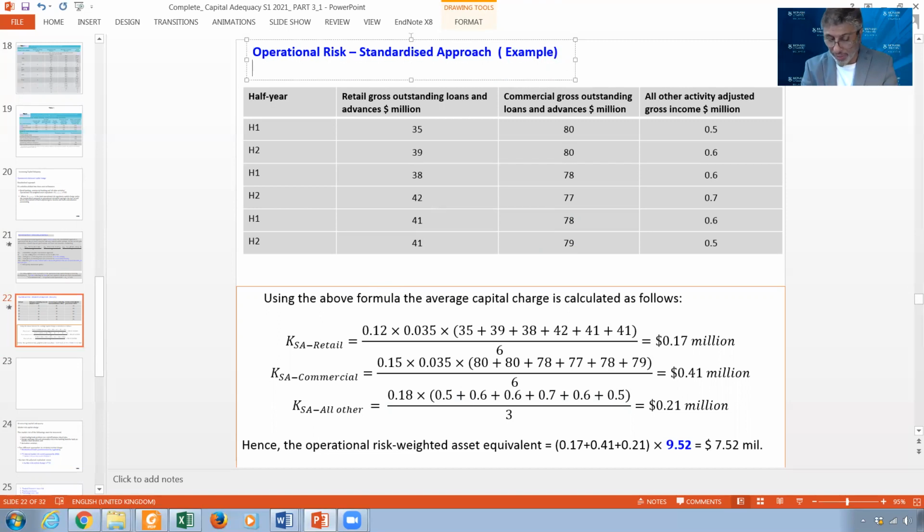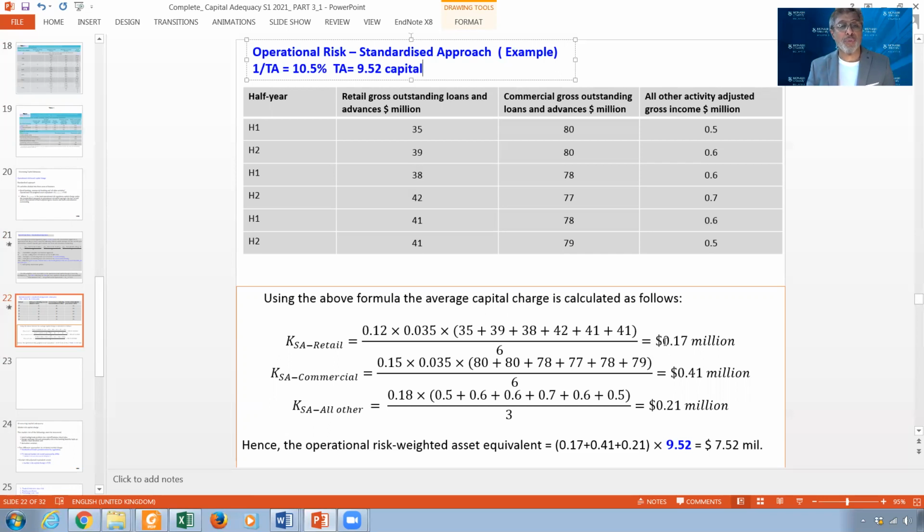Just if $1 of capital over total assets equals 10.5%. We understand that. Now, if I want to calculate the total assets, given the capital, the total assets actually equals 9.5 times the capital. This is from this formula.